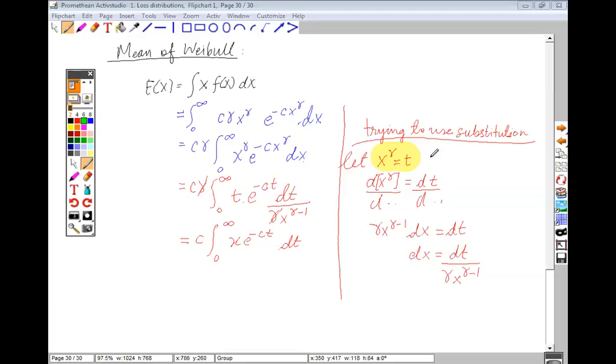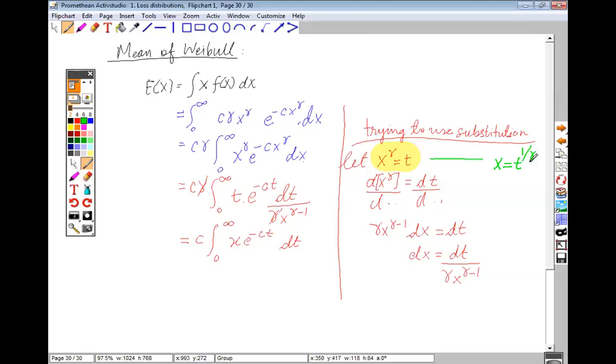So I can rewrite this as x being equal to t raised to, sorry, 1 upon gamma, right? 1 upon gamma.